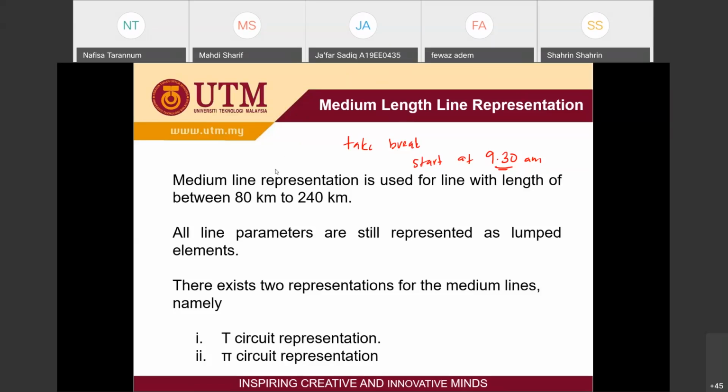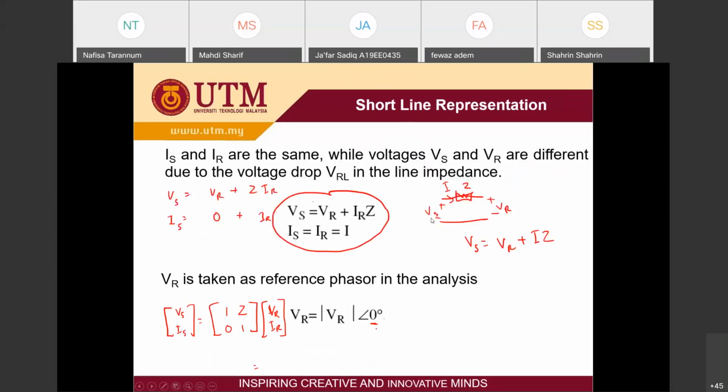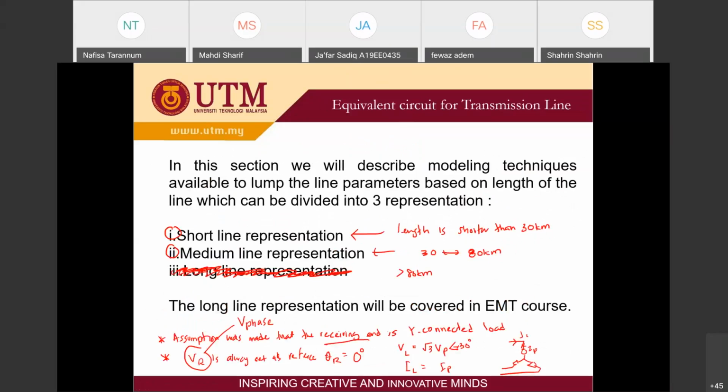So the medium length, okay. Oh, sorry. Previously, inside my notes, I said something about the length. Sorry. So this one is less than 80 kilometers, and the medium length is actually around 80 to 240 kilometers.